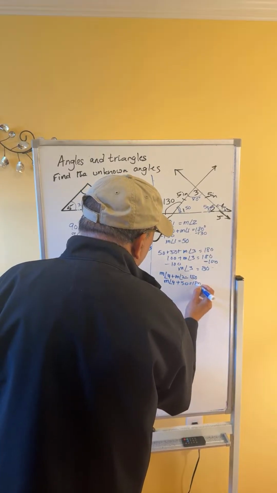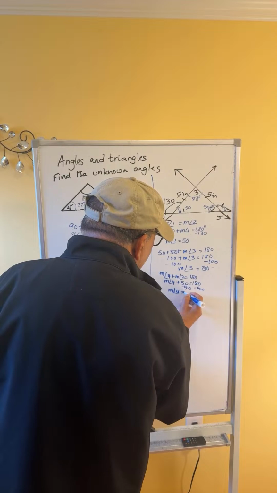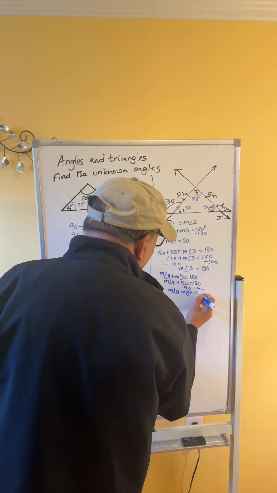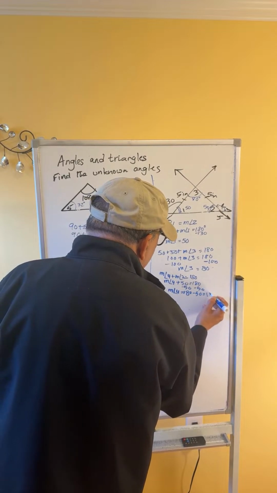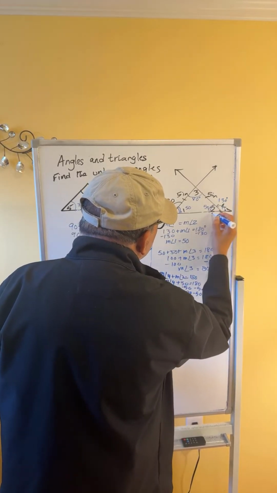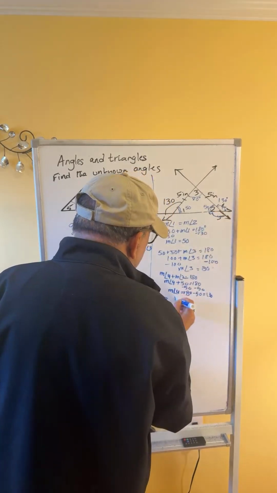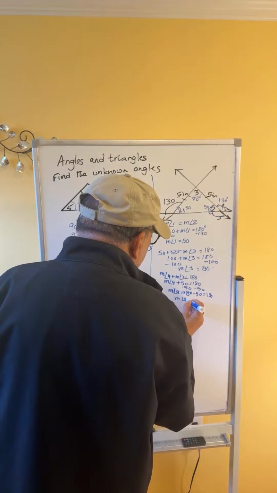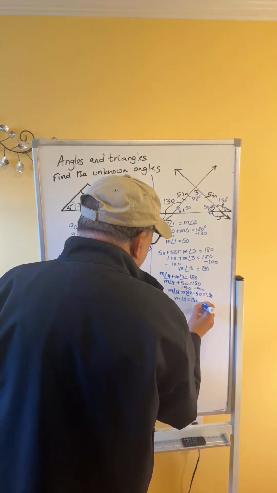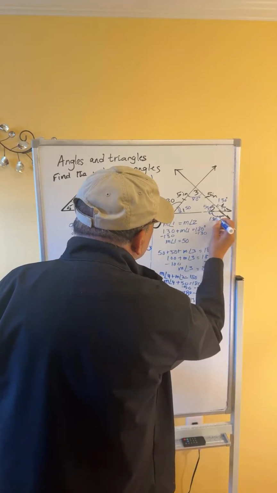Okay, so subtract 50 on both sides, measure of angle 4 is 180 minus 50, which is 130 degrees. So this is 130 degrees. This vertical angle, measure of angle 5, is also 130 degrees, being equal to measure of angle 4. So this is also 130.